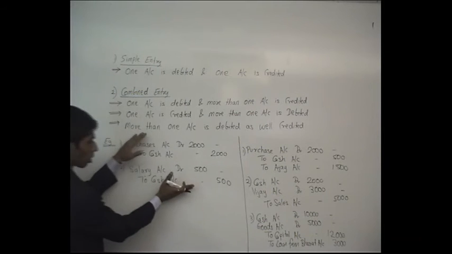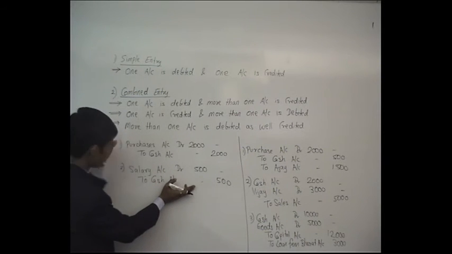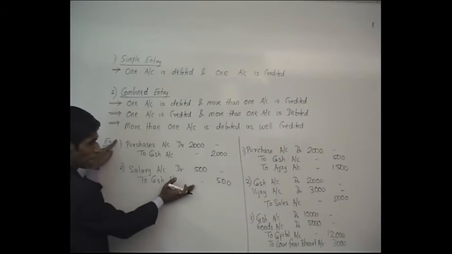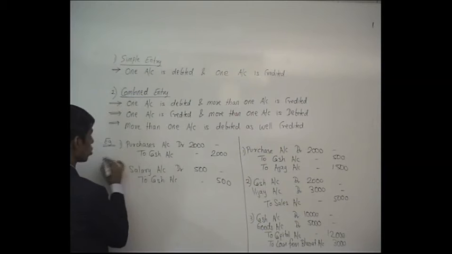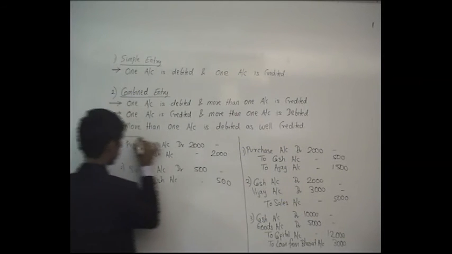So this is an example of simple entry, and these three examples are of combined entry. So I will just mention over here these examples.